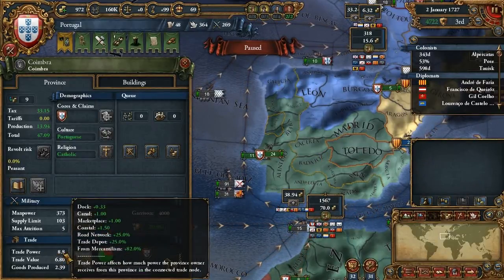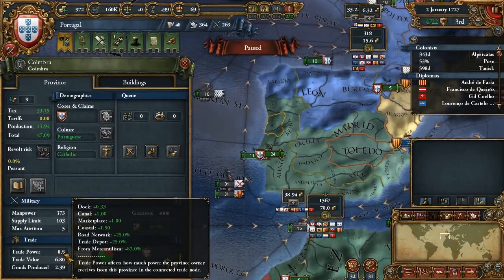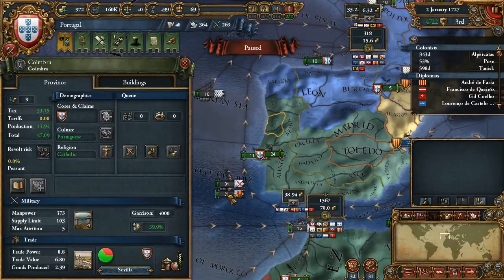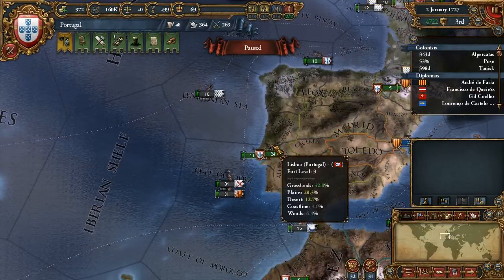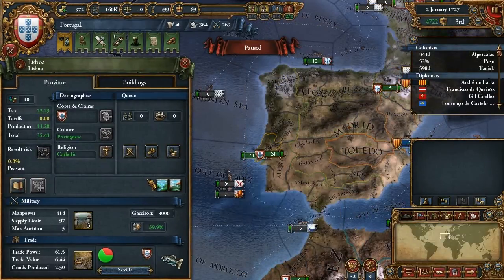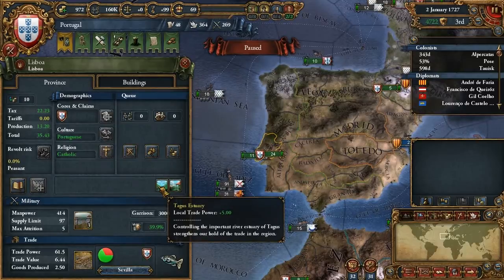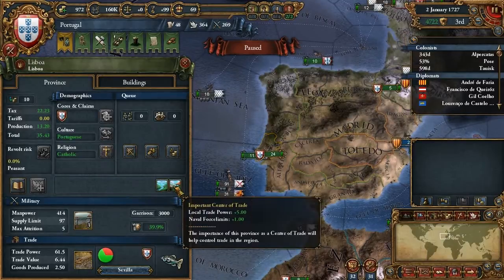Now, regarding trade power, it is determined by many things. The first thing that determines it is that certain provinces have local trade power bonuses like this, and they have centers of trade.